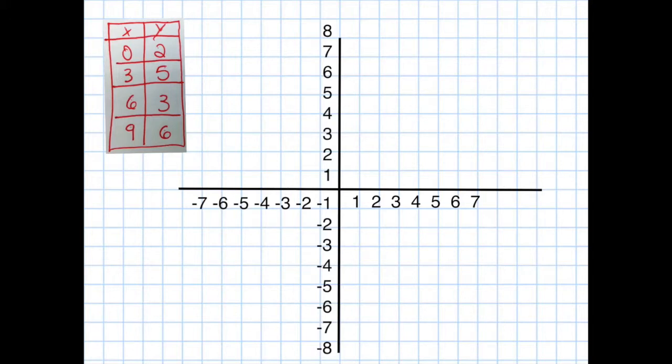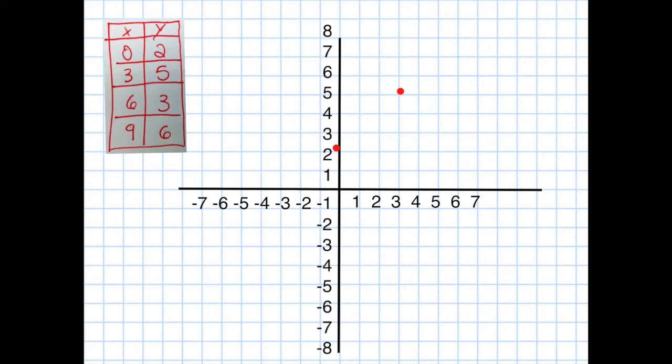So the first one is 0 and then 2 on the y-axis. We'll plot that point right there. I'll try that again, be a little bit more accurate. Alright, and then we're going to plot the next one. We have 3, up 5, so we go to 3, and then all the way up to 5, right there, we plotted it.